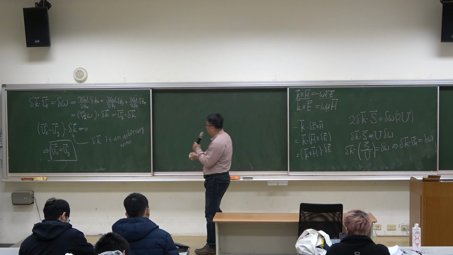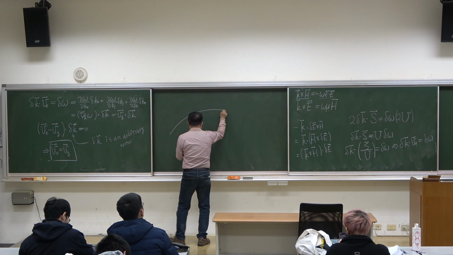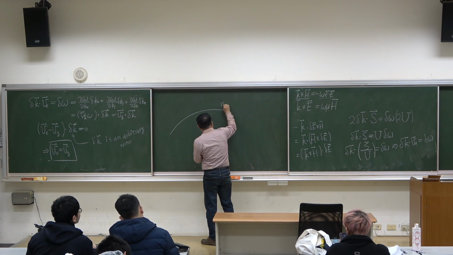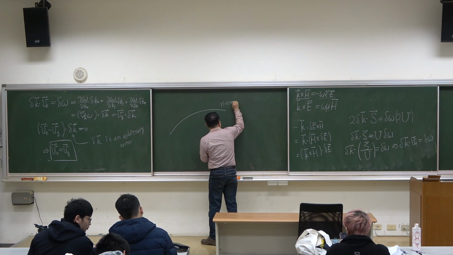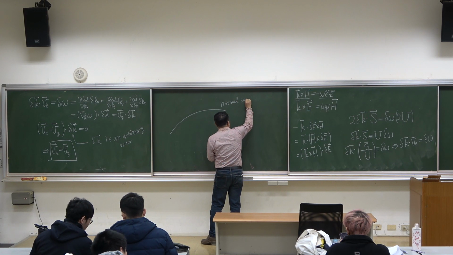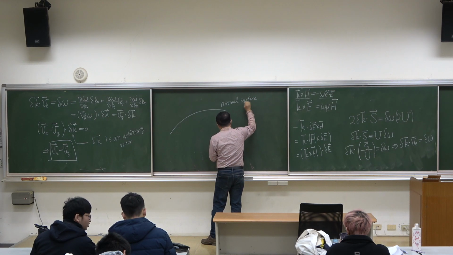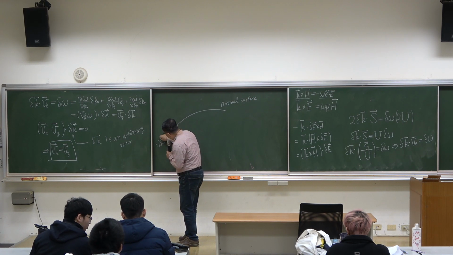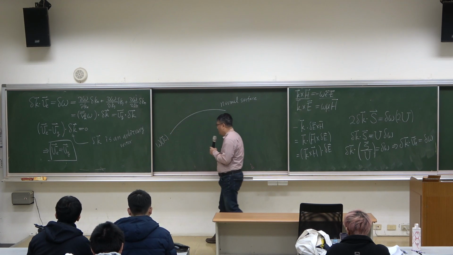We consider the normal surface. Here is a part of the normal surface, which means omega as a function of k.